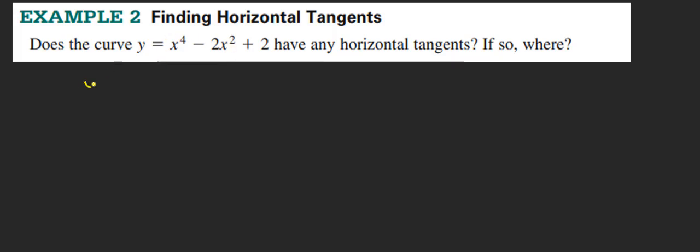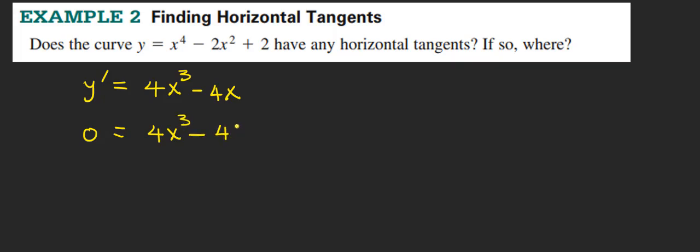So first, let's find the derivative. It's 4x cubed minus 4x, and then the derivative of positive 2 is 0, so we don't have to put anything there. So now set the derivative equal to 0, and we have to solve for x, because that's where the horizontal tangent will occur. So take out the common factor, which is 4x.